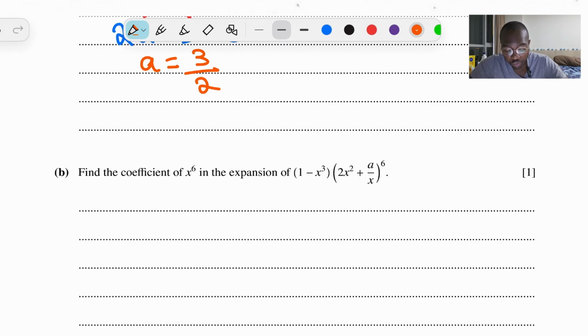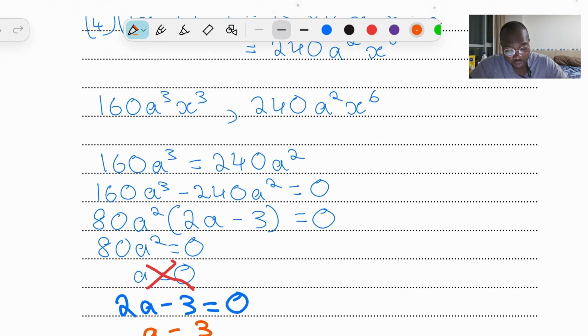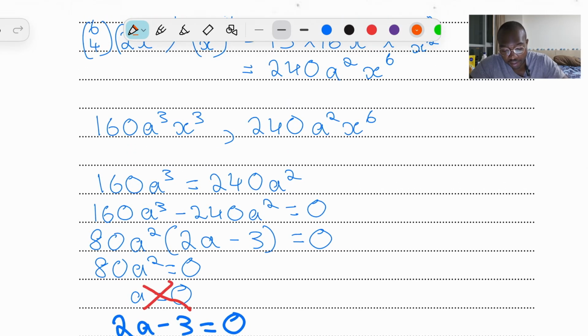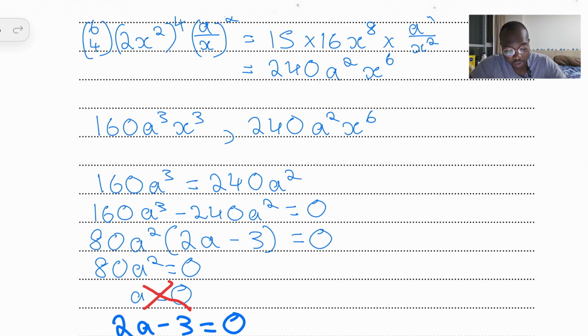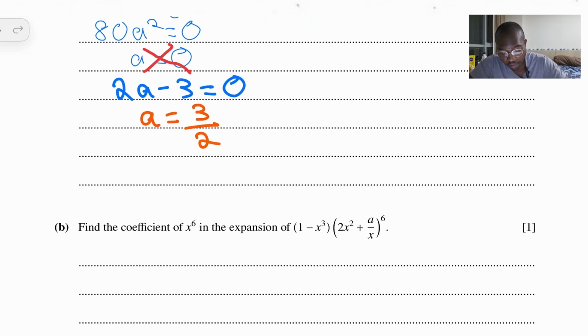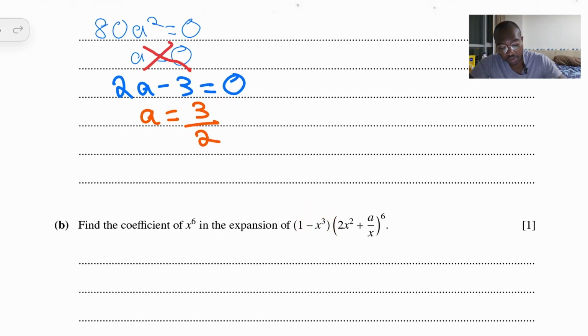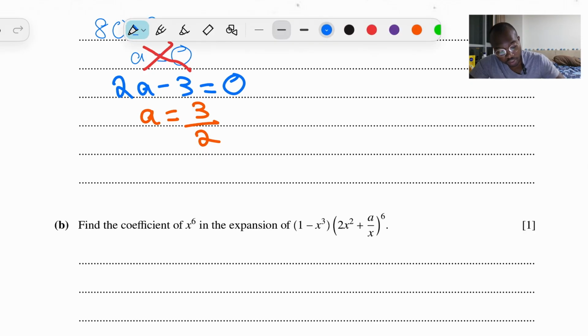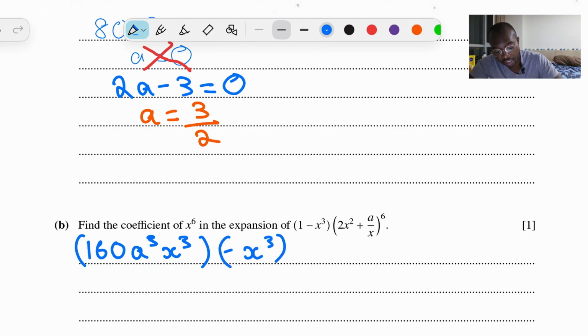Looking at our previous question, we know that we had 160 a cubed x cubed, and in this type of question, if we get that and times that by the minus x to the 3, that will give us an x to the 6. So if I write that down here, we get 160 a cubed x cubed, and if we were to times that by the minus x squared, because it would eventually get times by that, that would give us a value of x to the 6.